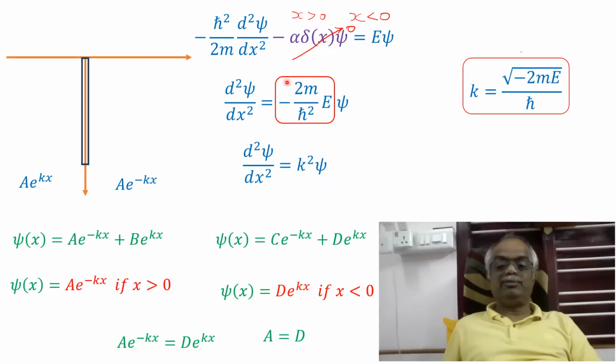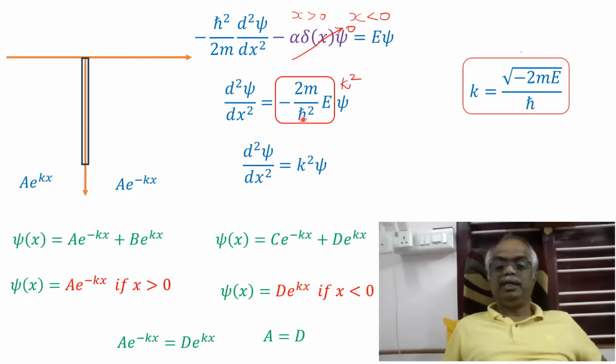Now I have shown some parameter inside the rectangular red color box, which is equal to 2m over h cross squared E psi. I have included the negative sign also here. So this I am calling k squared. The term inside the red color box is k squared. Then k is equal to the square root of minus 2mE over h cross squared, that is, minus 2mE over h cross, after the square root.